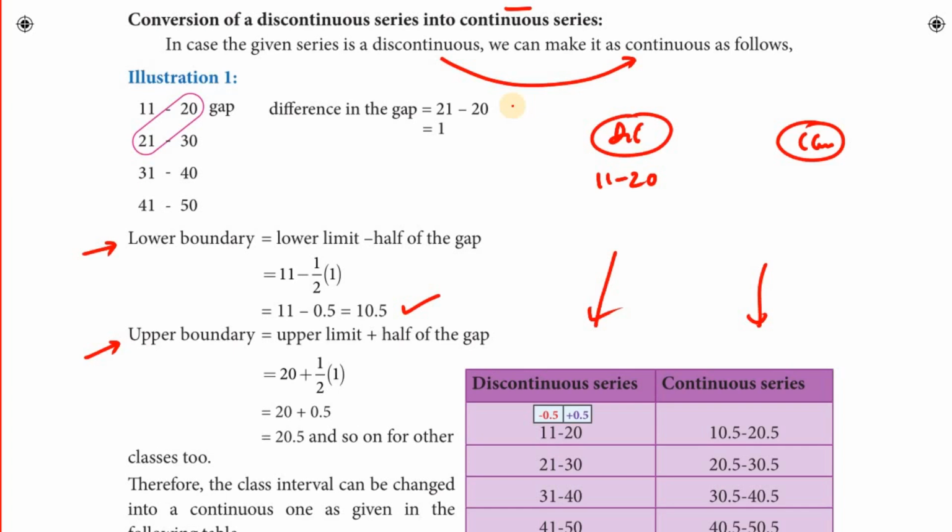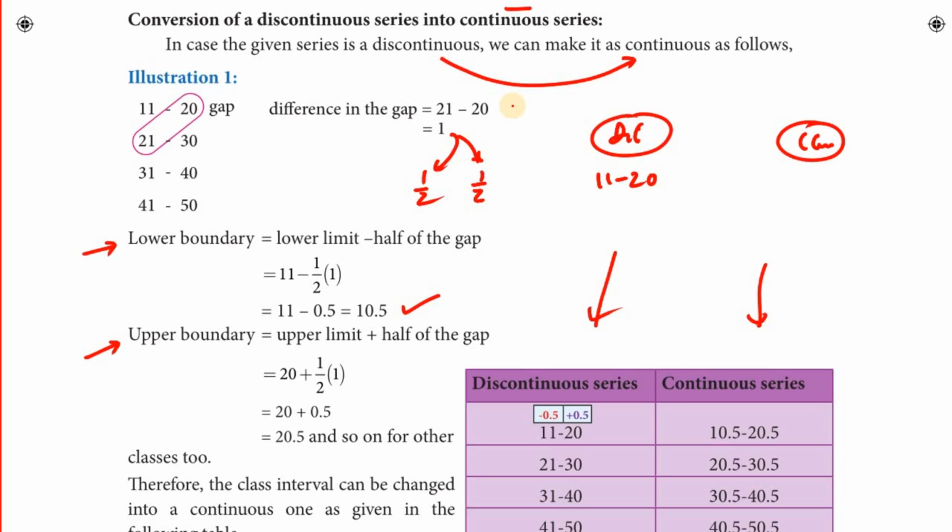Now I am doing minus half and then plus half in it. Why? Because gap is 1. So I am going to make this half plus half. So in the lower boundary I am going to subtract half, and in the upper boundary I am going to add the half. So my upper boundary becomes 20.5 and my lower boundary becomes how much? 10.5.